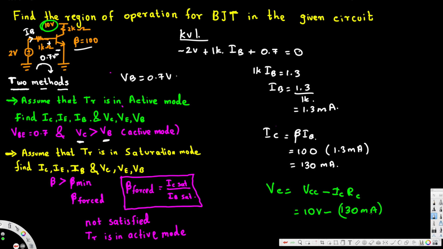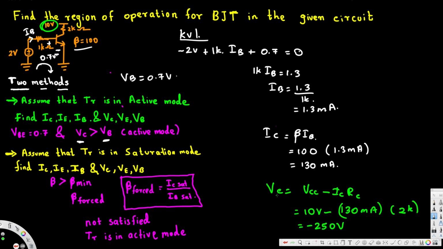RC is the resistance right here, that's 2 kilo ohm. If we multiply this, kilo and milli cancel each other, and we get negative 260. Negative 260 plus 10 gives us negative 250 volts.